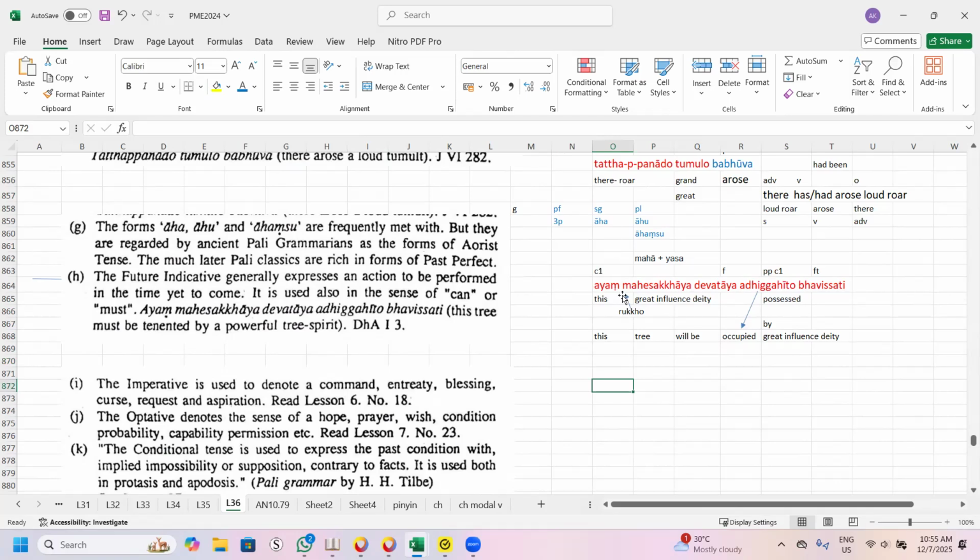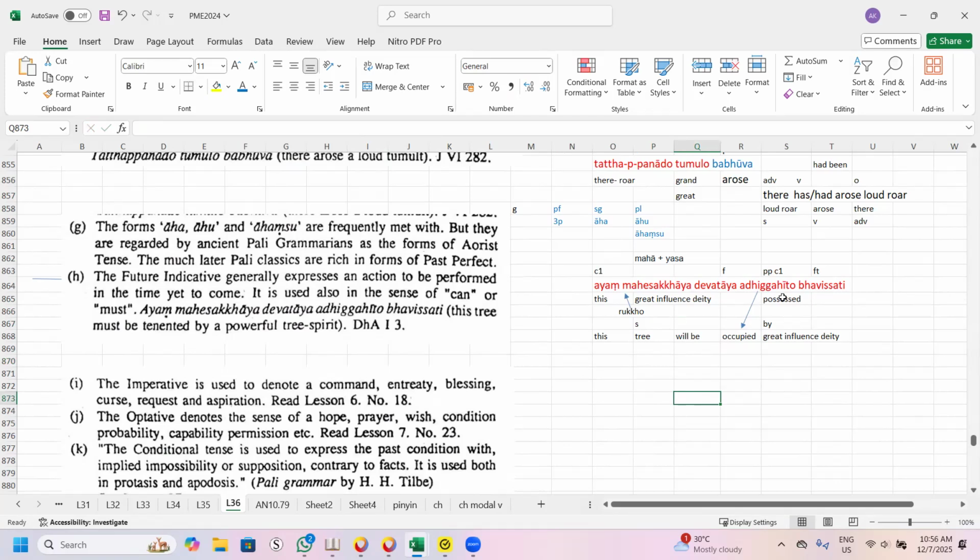Now there is one word missing here: ayam rukkho. You see here, there is no 'tree' in the sentence, so I add in the word rukkho. And then this is a predicate adjective, and that means this tree is the subject. Then you see this is a verb, will, indicative, bhavissati, will be.